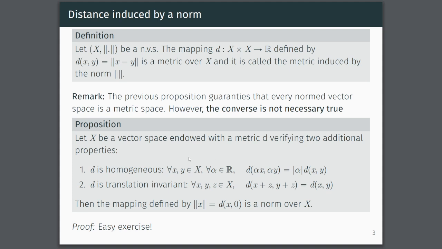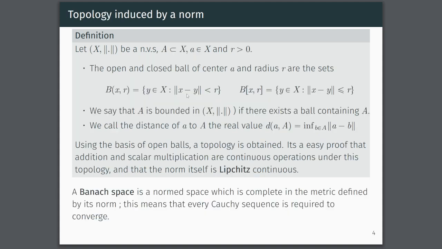Okay? Either way, let's talk about the topology. So, as I was saying, every norm gives rise to a topology. And how does that happen? Essentially, if you have a norm, then you can define the ball of center x and radius r as the points y whose norm distance from x is less than r. Okay, and similar to a metric space, once you have balls, well, you have a basis, right, for your topology, and you can define open sets to be unions of balls.